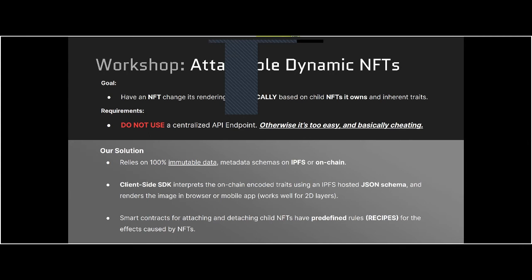Those layers then get composed generatively. If you do the attachment, you can automatically, on the client side, in your browser, generate the new image and the new metadata, or you could also do it through middleware. That is introducing a little bit of centralization, but it's middleware that just encodes and decodes the data, right? So it's not storing the data. The data is always stored on a decentralized network.